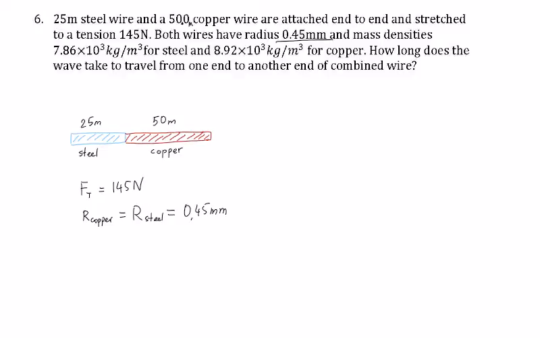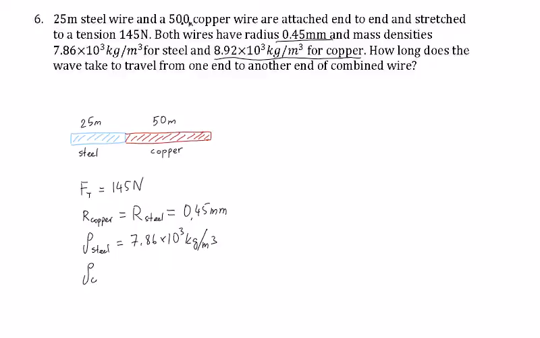And mass densities are 7.86 times 10 to the 3 kilogram per cubic meter for steel. So that is the mass density, rho of steel, equals 7.86 times 10 to the 3 kilograms per cubic meter, and 8.92 times 10 to the 3 kilogram per cubic meter for copper.